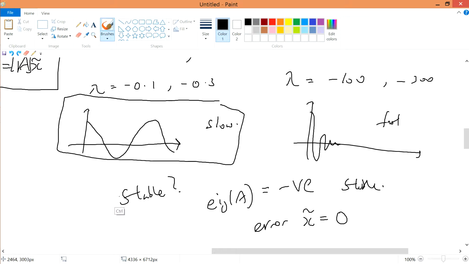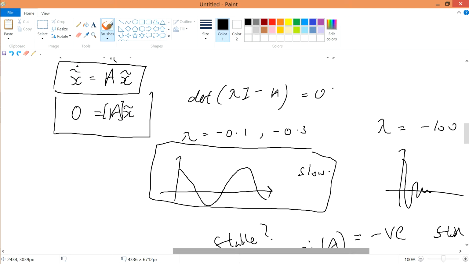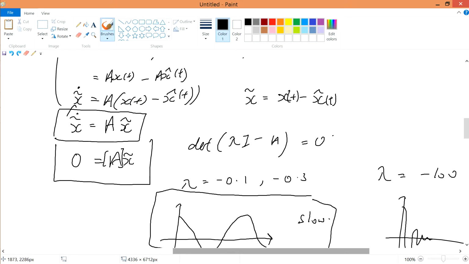But anyway, you just take it that in order to be stable, these are all the criteria that you want. The eigenvalue of A equals this, and the error between your responses should equal 0. In order to be 0, the eigenvalue of A when multiplied with this x curly bar should be 0.